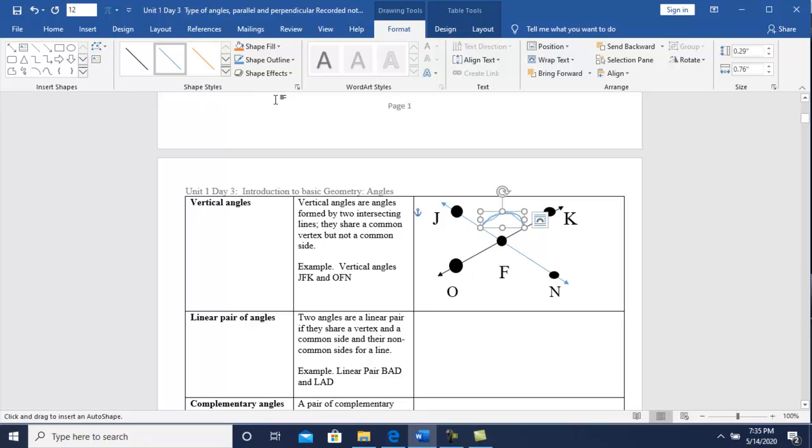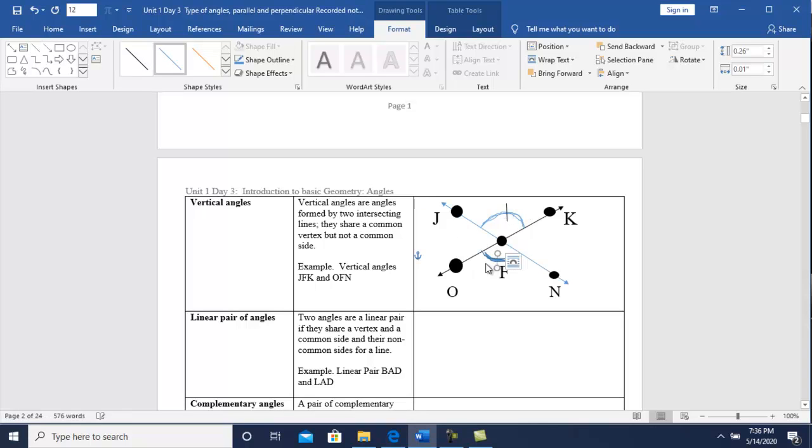Okay, and the next angle, so we're going to insert a second shape down here. So right here, the top and the bottom. Now if you wanted to, you could put a tick mark on the top and a tick mark on the bottom.